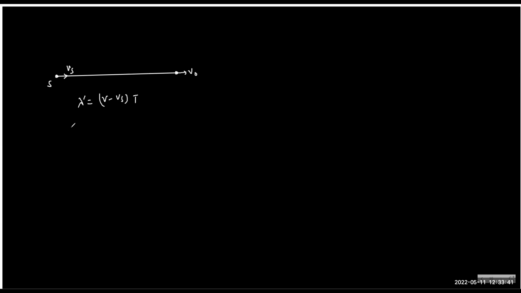And because the observer is trying to escape, the number of wavelengths will be... so delta V will be, let's say, if V naught is bigger than Vs, you will receive less. If Vs is bigger than V naught, you will receive more.